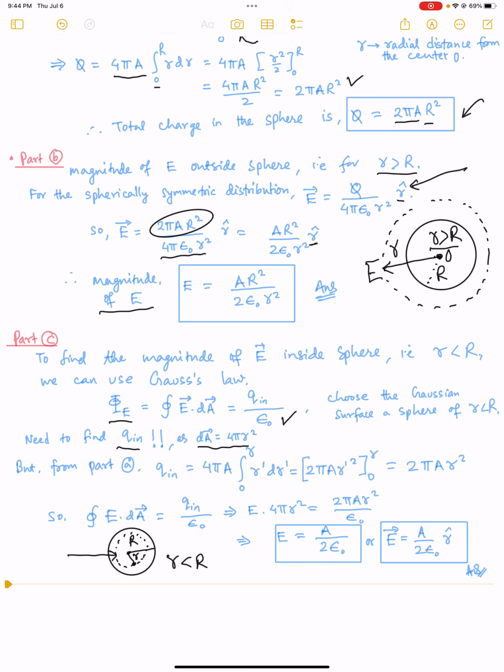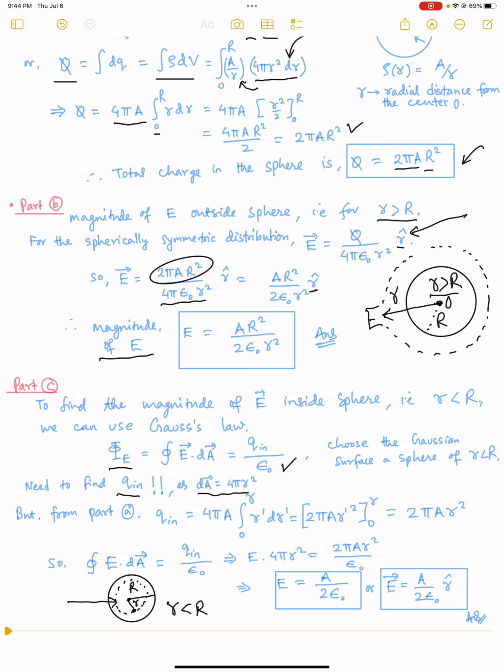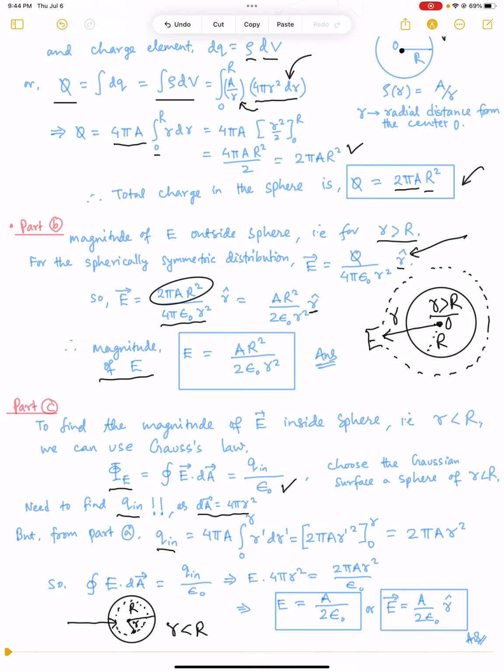And from part A, we can slightly change this problem. That's q in equals the integral of 4 pi a r dr, like this.